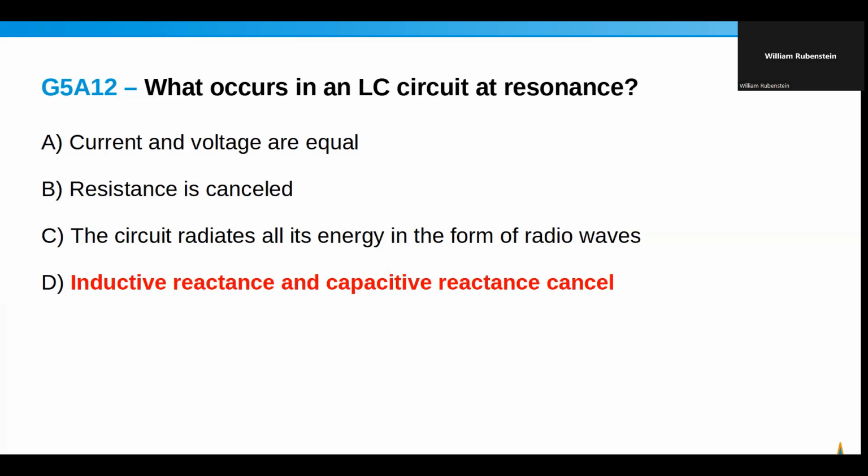They're equal and opposite because capacitive reactance is negative and inductive reactance is positive. If they're equal and opposite in sign, then at pure resonance they would be 0. So you're only going to have whatever resistance is in the circuit.